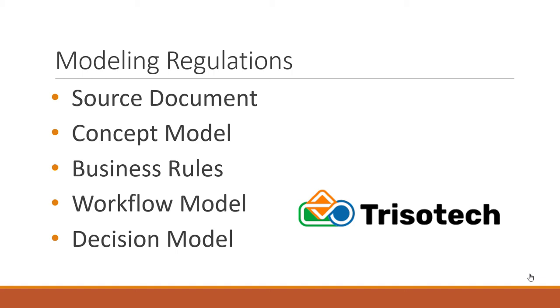This leads to business rules that are needed for compliance. By looking at the atomic business rules of compliance, we're able to develop a workflow model that supports the compliance and a decision model for the logic of compliance. This gives us a full picture of what the regulation compliance should look like.